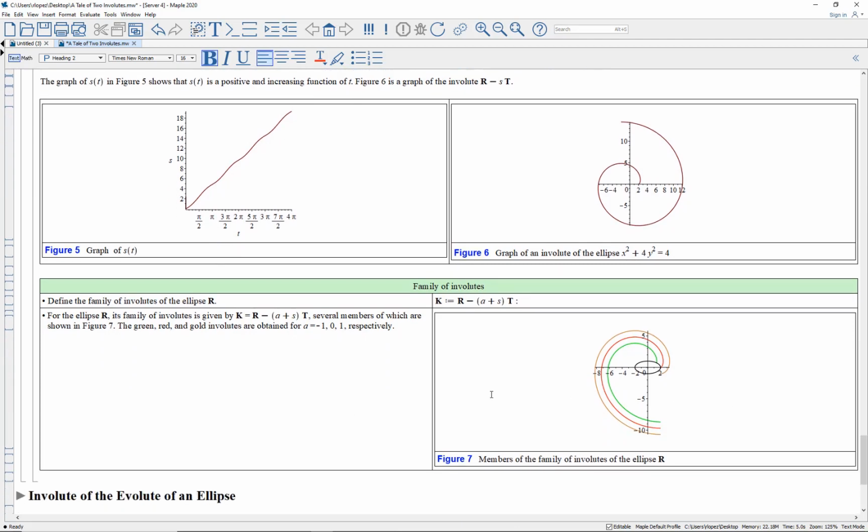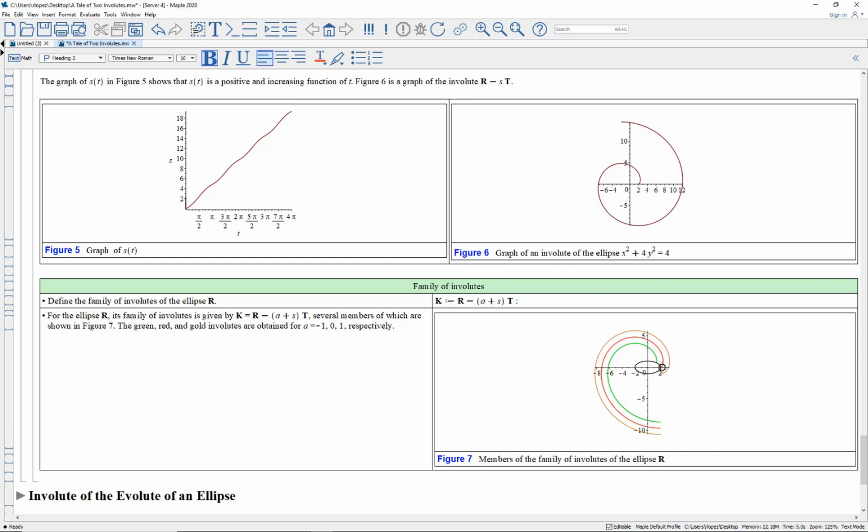Family of involutes. If I replace S with A plus S, for each value of this parameter A, I'm starting the curve at a different point. I've tried A with these three values, minus 1, 0, 1.